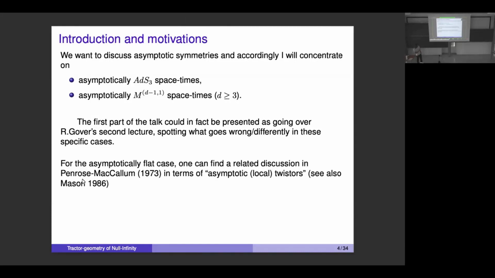I should also say that for the asymptotically flat case, there are closely related discussions in the very early twistor works, especially in the 1973 Penrose-MacCallum paper, which is one of the very first twistor papers, where there is something called asymptotic local twistors, which has been somewhat forgotten in the literature, but which is very closely related to what I'm going to discuss.